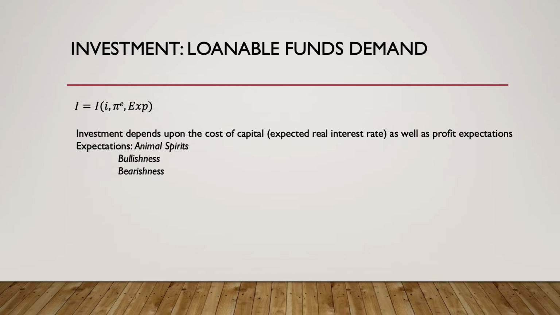If interest rates rise, the cost of borrowing, the cost of investing, rises relative to our perceived benefits of profitability, and we reduce the level of investment. If interest rates are declining, of course, the marginal cost of investing is going down relative to the marginal benefit, which is, of course, our estimated returns, and we're likely to invest more. So a negative relationship between investment and the interest rate.